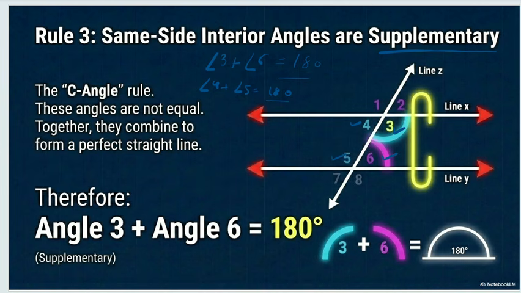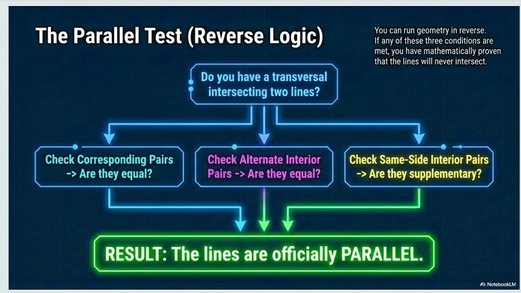So next, how do we identify whether our two given lines are parallel lines or not? First you have to check whether a third line is intersecting the two lines or not, and if they are intersecting, then you have to check the corresponding pairs, alternate interior angles and same side interior pairs. Are they equal or not?